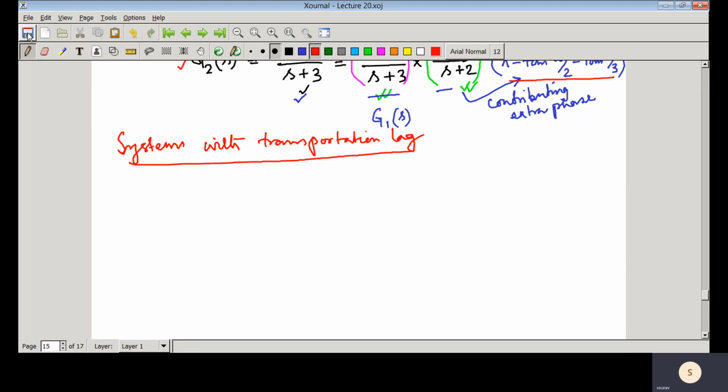That means if there is some delay in the loop, or if there is any transportation lag, then what would be the modeling, and what is its gain and phase relationship, or its frequency response. So let us understand what a system with transportation lag is.